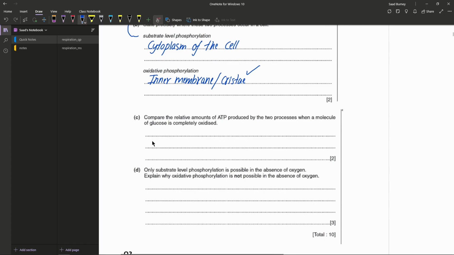So part C states, compare the relative amounts of ATP produced by the two processes when a molecule of glucose is completely oxidized. So it's asking to make a comparison.